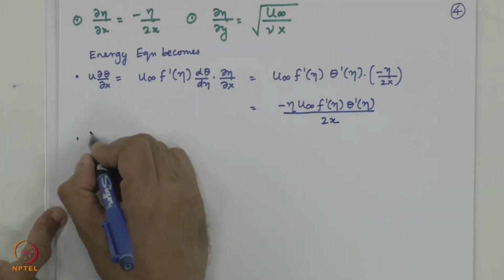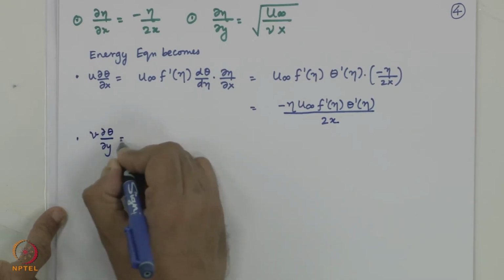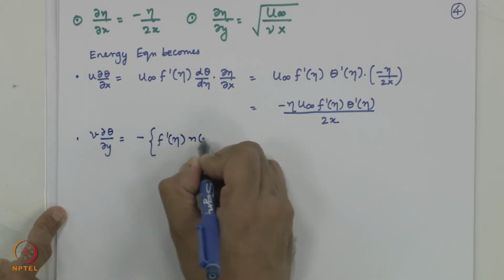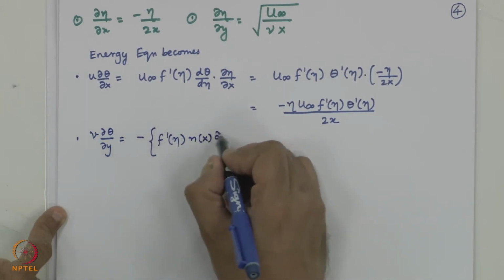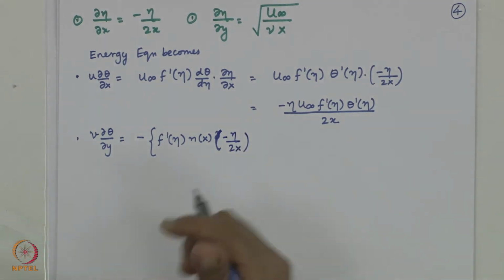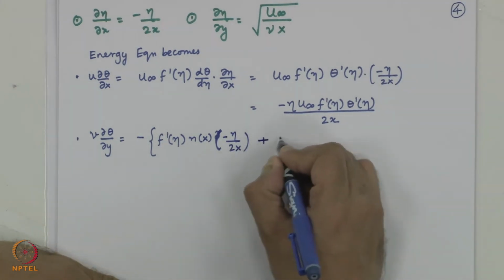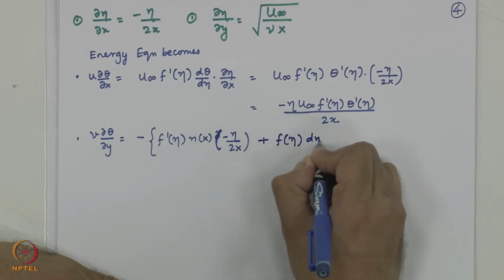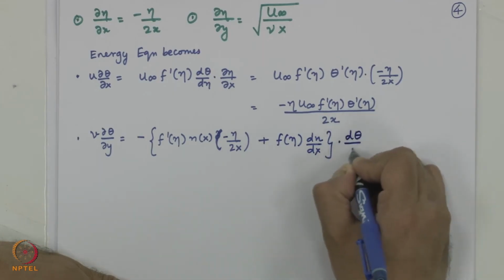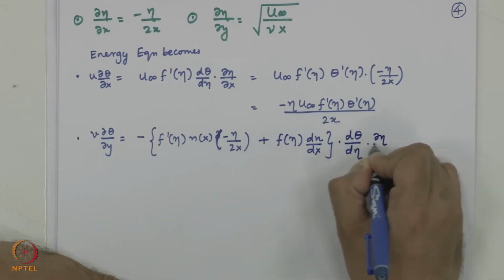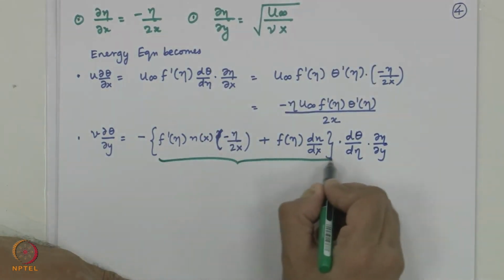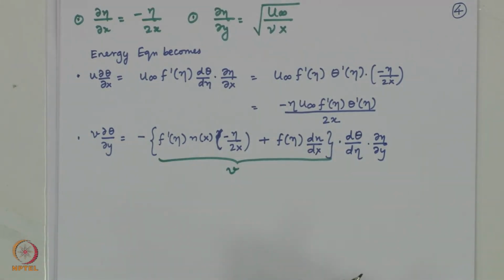The second term is v dθ/dy. I substitute for v. This is −[f'(η) n(x) dη/dx + f(η) dn/dx] times dθ/dη dη/dy. So dη/dx is −η over 2x. So this was my v as it is, and this was my dθ/dy.